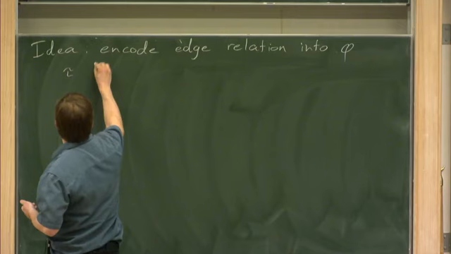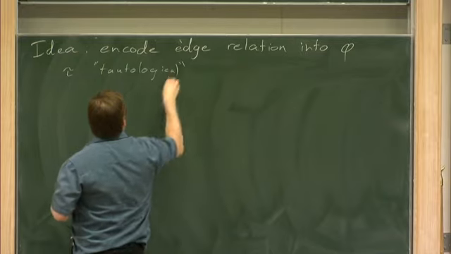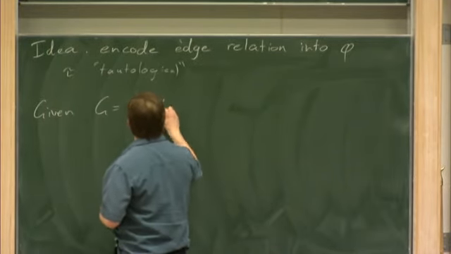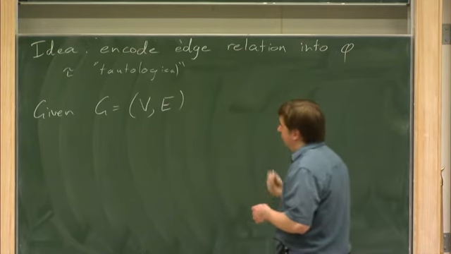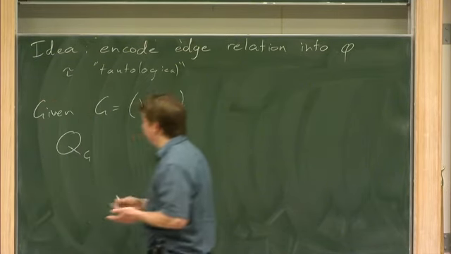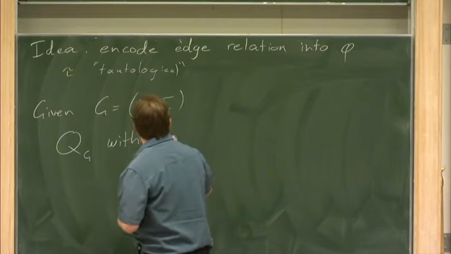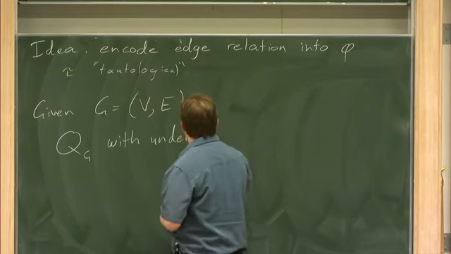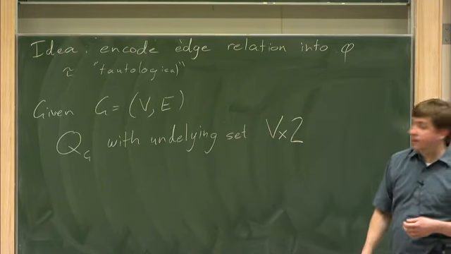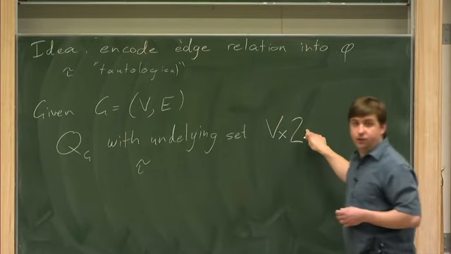Given, let me write that down. So given a graph G, vertex set and edge set, then you can define the K or the quandle for G with underlying set V times 2, and then Tor is just going to be the involution on the second component.